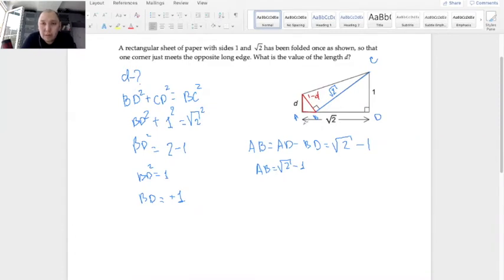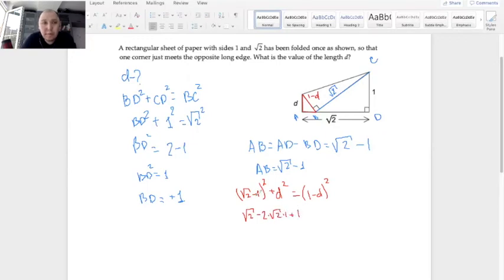So we write: square root 2 minus 1, this is the side AB, squared, plus D squared equals 1 minus D, also squared. So it will be square root 2 squared, minus 2 times square root 2 times 1, plus 1.